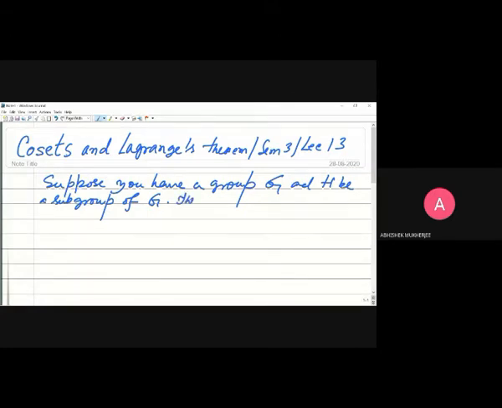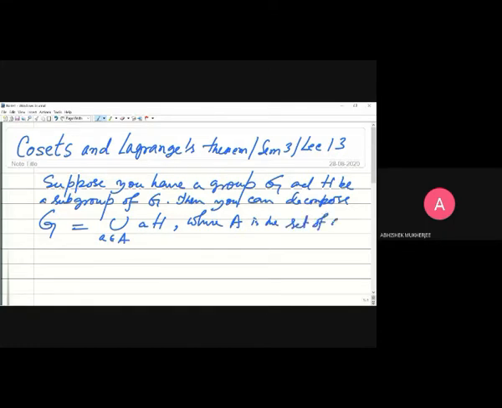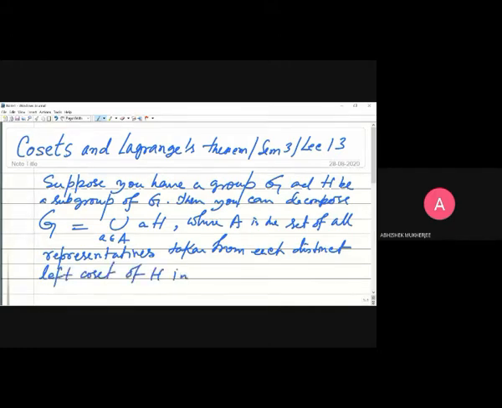Then you can decompose G in terms of left cosets of H in G, where A is the set of all representatives taken from each distinct left coset of H in G, right?